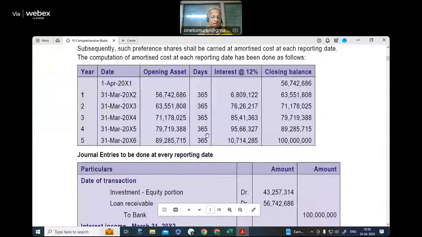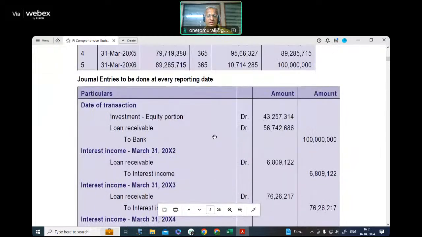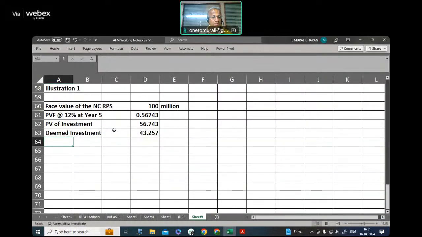So the scheme of journal entry is deemed investment, equity component, loans receivable, this being loans receivable.